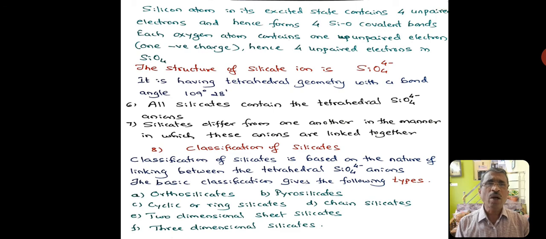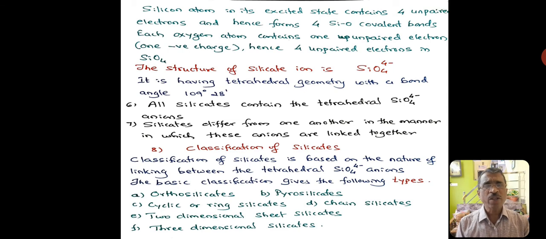So all the 4 oxygen atoms are free. In case of pyrosilicates, out of the 4 oxygen atoms, one of the oxygen atoms is utilized for linking to another silicate ion.